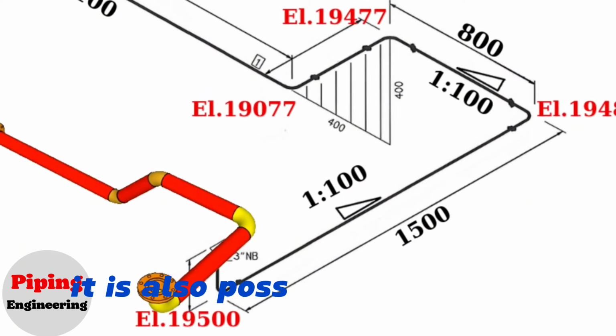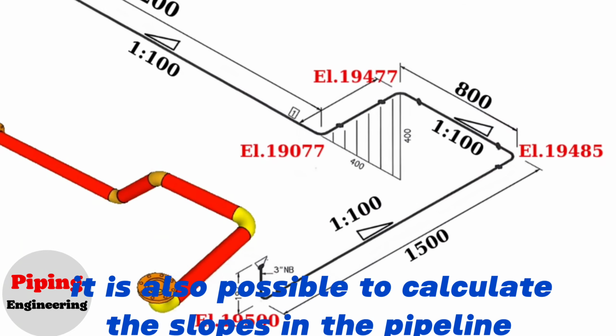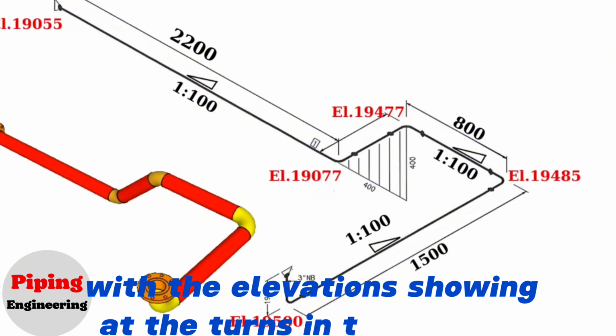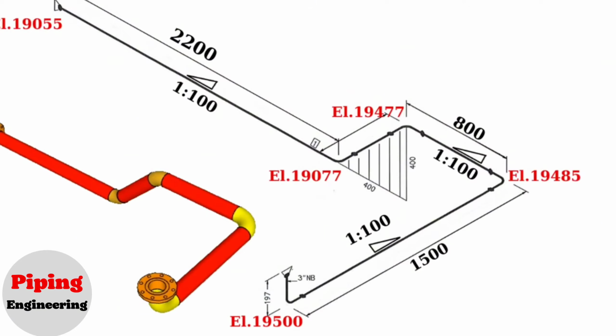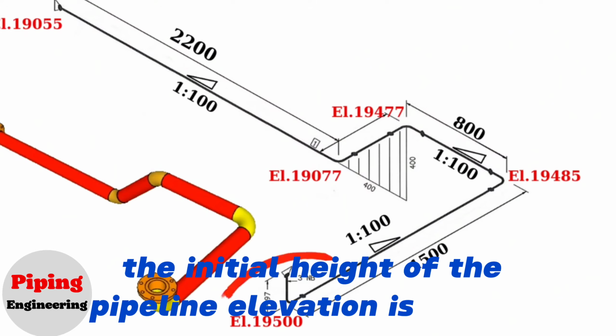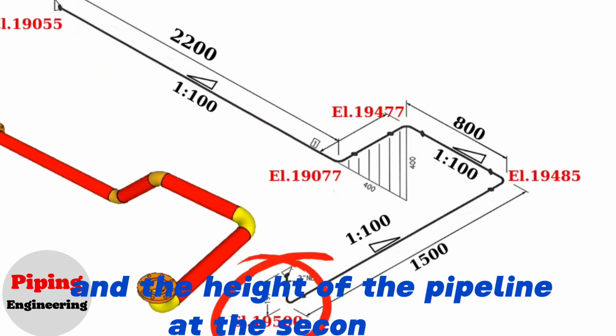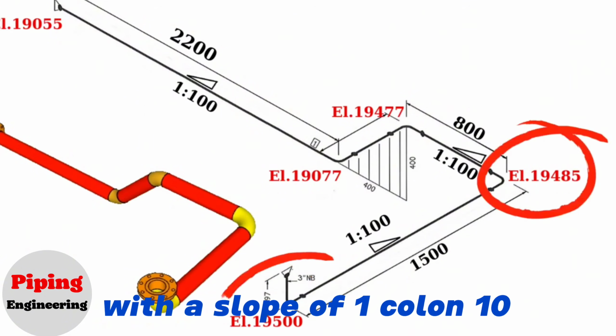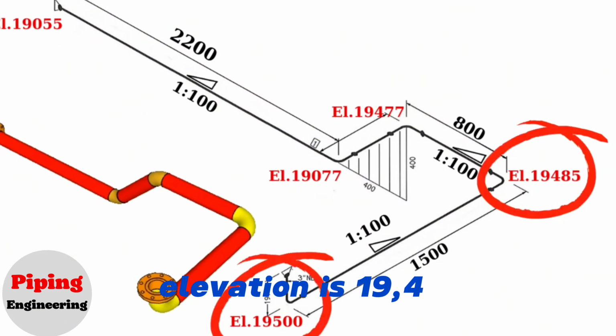It is also possible to calculate the slopes in the pipelines with the elevations shown at the turns in the pipeline. In this piping isometric drawing, the initial height of the pipeline elevation is 19,500 millimeters, and the height of the pipeline at the second turn with a slope of 1:100 is 19,485 millimeters.